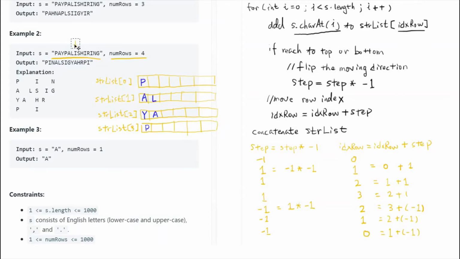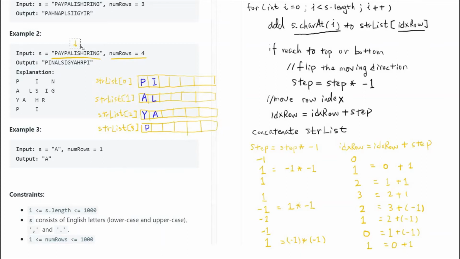We move to I. We add I to the string list 0. It reaches the top, so we will flip the direction. -1 times -1 equal to 1. The row index equal to 0 plus 1 equals to 1.